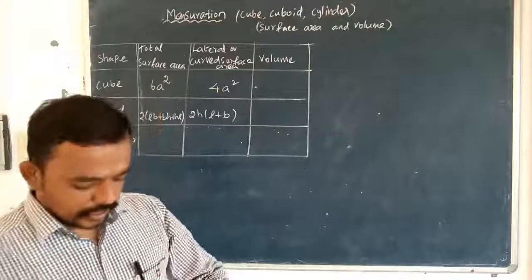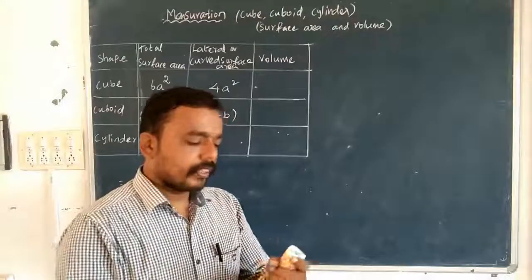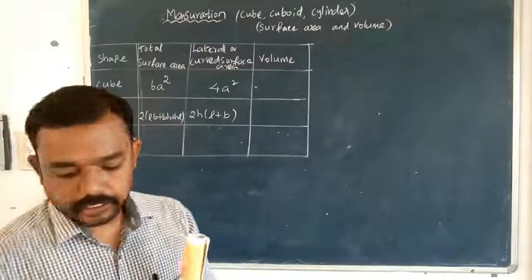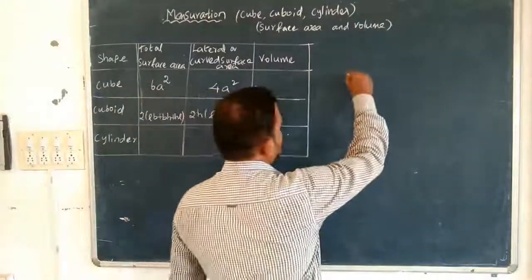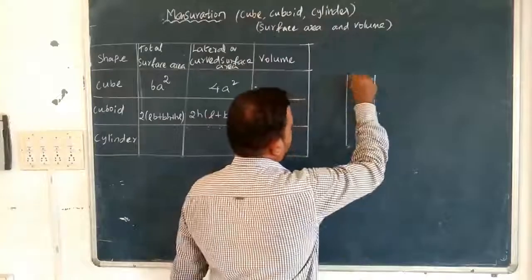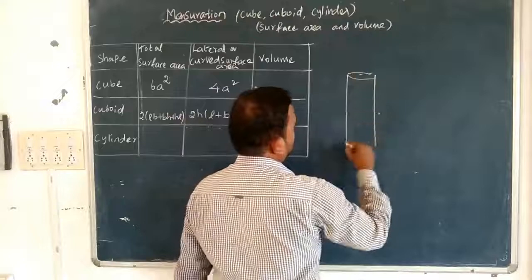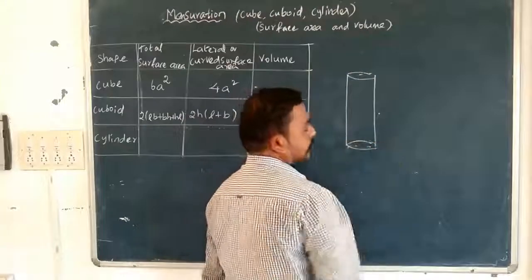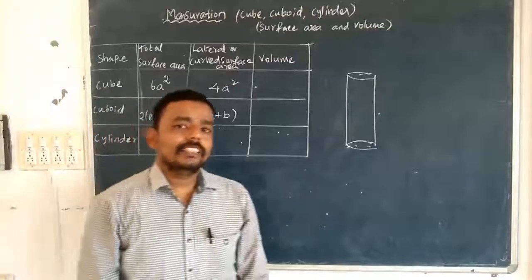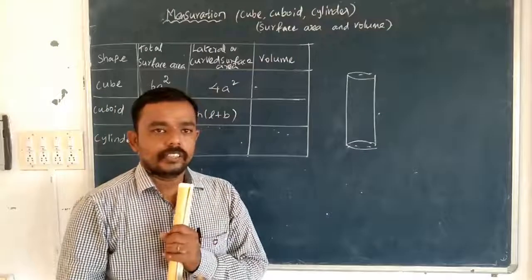Now we are going to consider such a cylinder using height and radius. It is a 3 dimensional shape. In the cylinder, I am going to consider the total surface area.